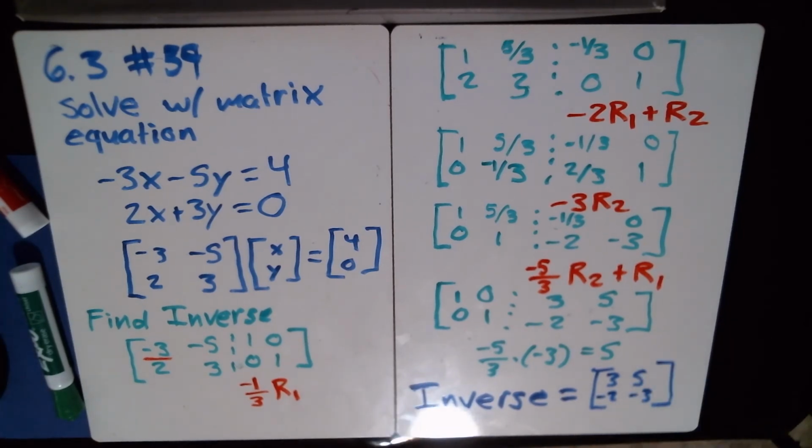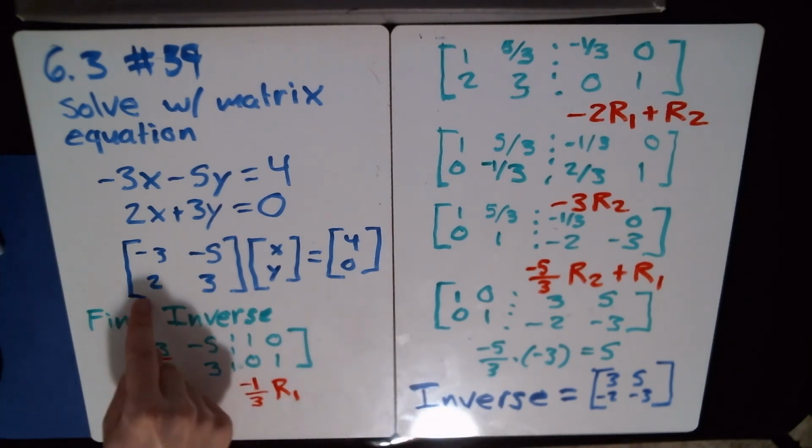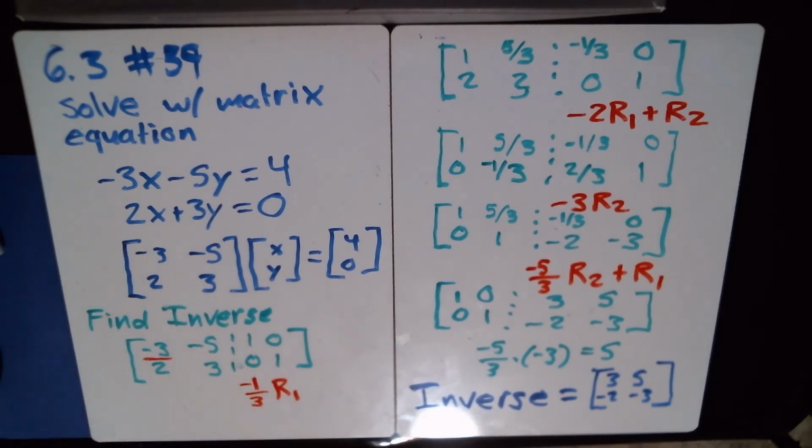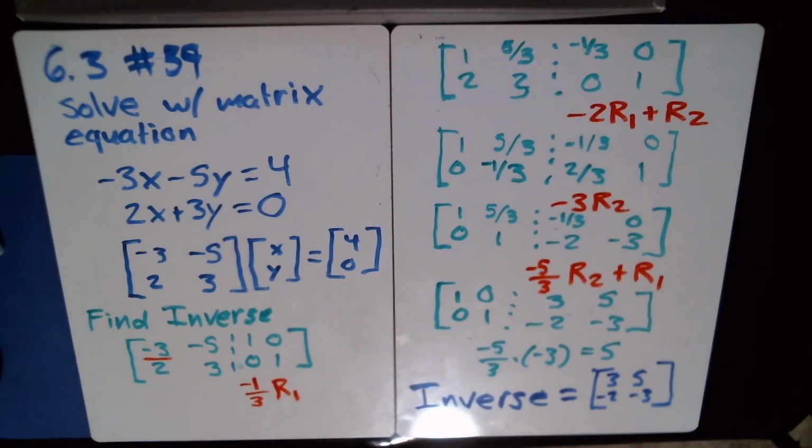There we go. Okay. But our goal was not to, well, we needed to find the inverse to do what we wanted to, but our goal was to solve this system of equations, right? We wanted to find out what x and y were.